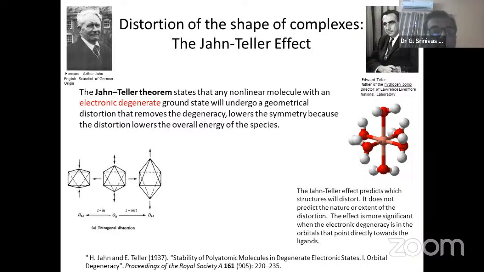That means wherever the electronic degeneracy occurs, the molecule will undergo some sort of structural distortion so that the electronic degeneracy is removed and the symmetry is lowered, because the distortion lowers the overall energy of the species. That's what the Jahn-Teller theorem says.